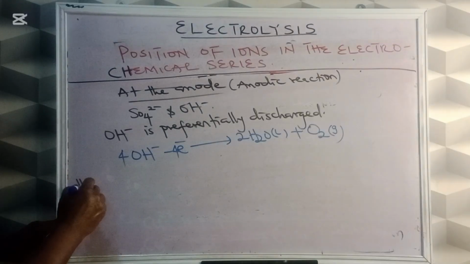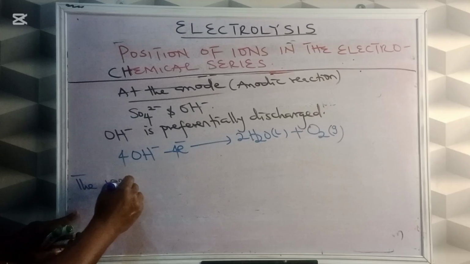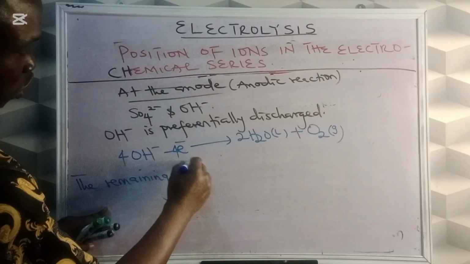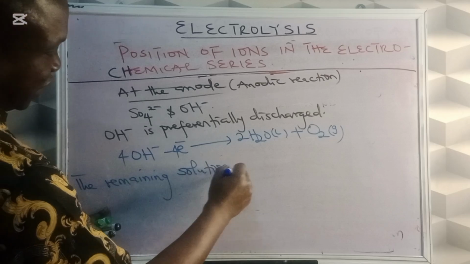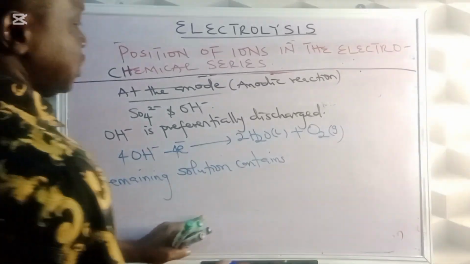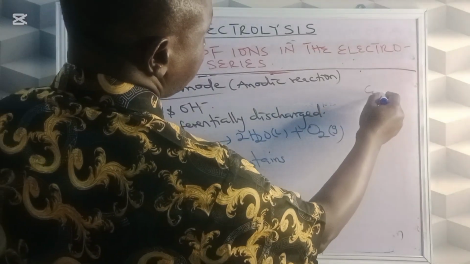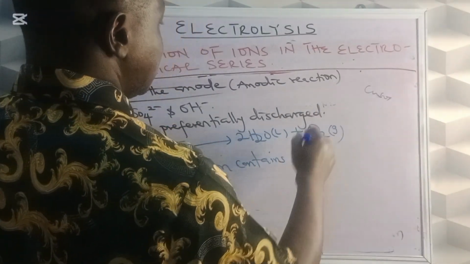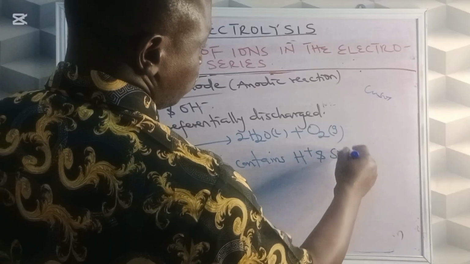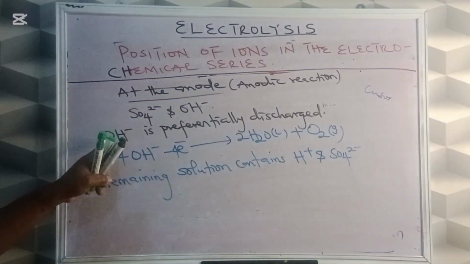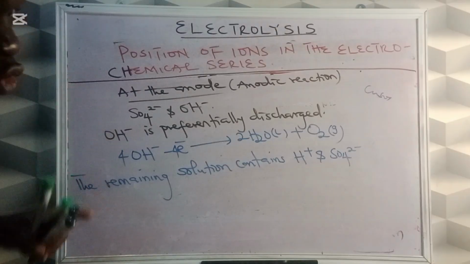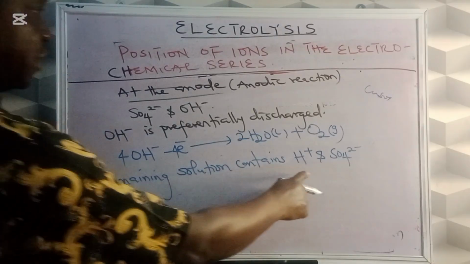So the remaining solution contains, we started with copper(II) ion, it will only remain hydrogen ion and SO4 2-, because OH- has been discharged and copper(II) ion also discharged, so it will remain this and this.